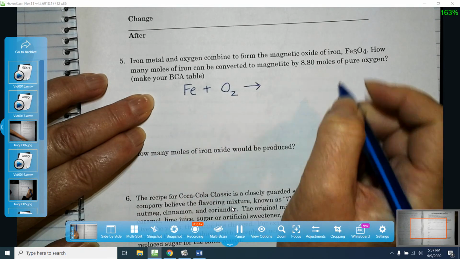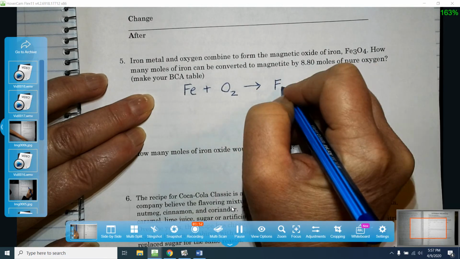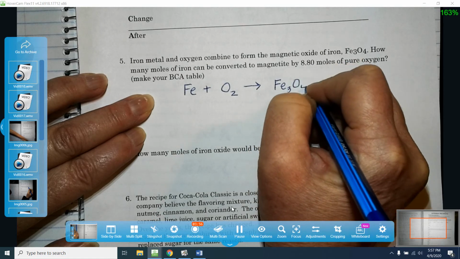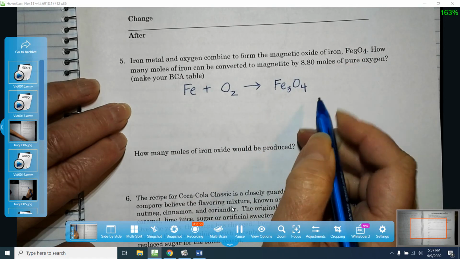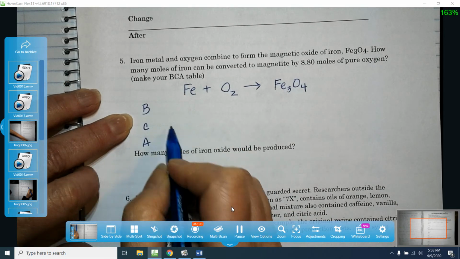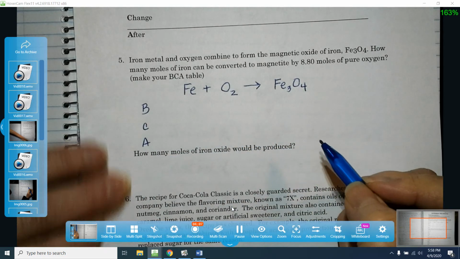Combine to form magnetic oxide of iron. There's the formula. And then we can write our BCA chart out, and be really neat as you write out your answers.